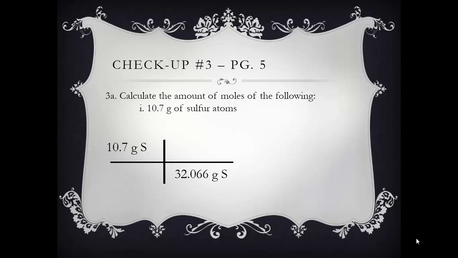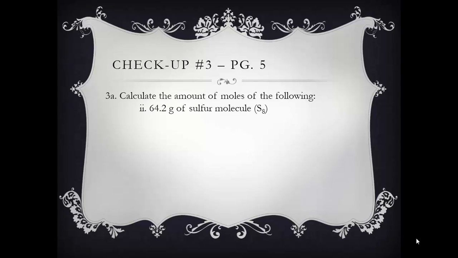Molar mass of sulfur is about 32 grams, and that's for 1 mole. Notice the grams are across from each other, so they will cancel out. And you simply divide the numbers, and you get 0.335. So make sure you know how to do that. Make sure you practice that, not just look at the PowerPoint.